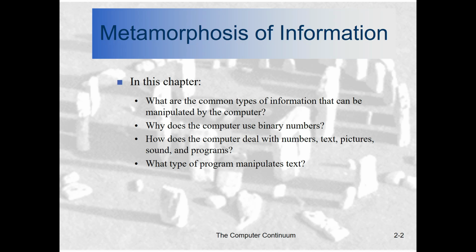So how do computers deal with numbers, text, pictures, sound, and programs? How does the computer know that this is a picture, this is a video, this is text? And nowadays, if you look at artificial intelligence, that is a totally different dimension.